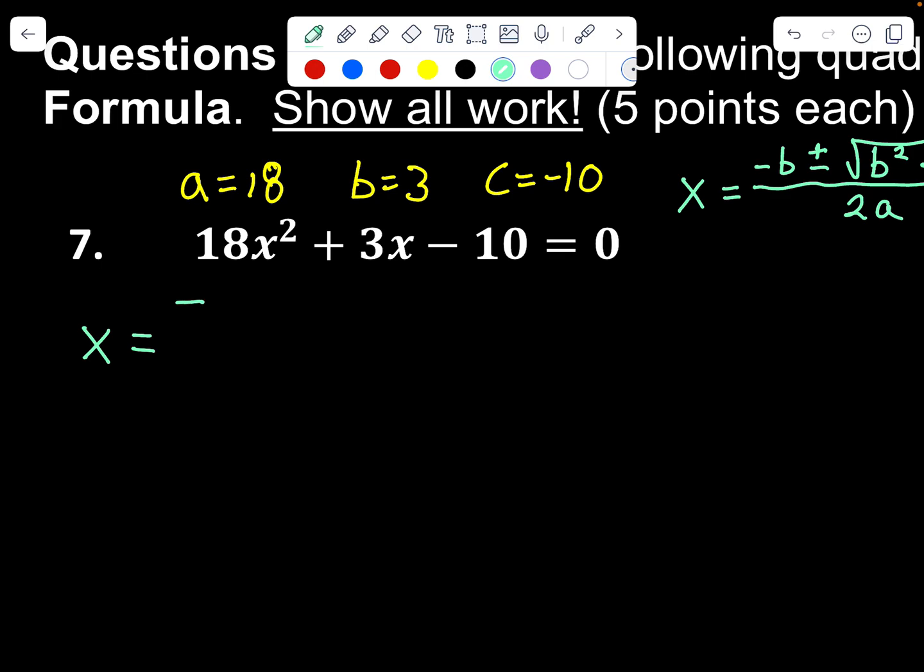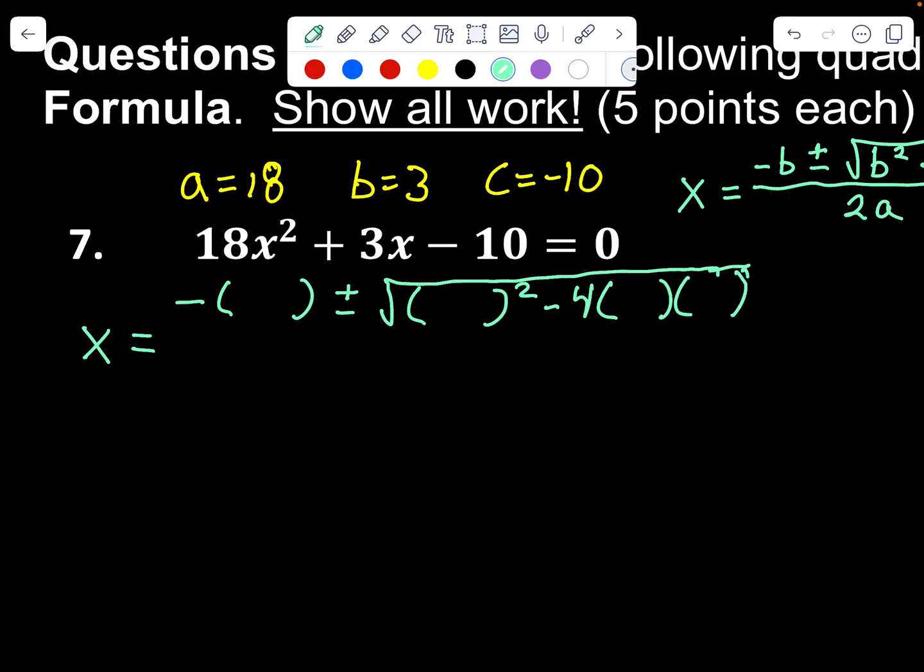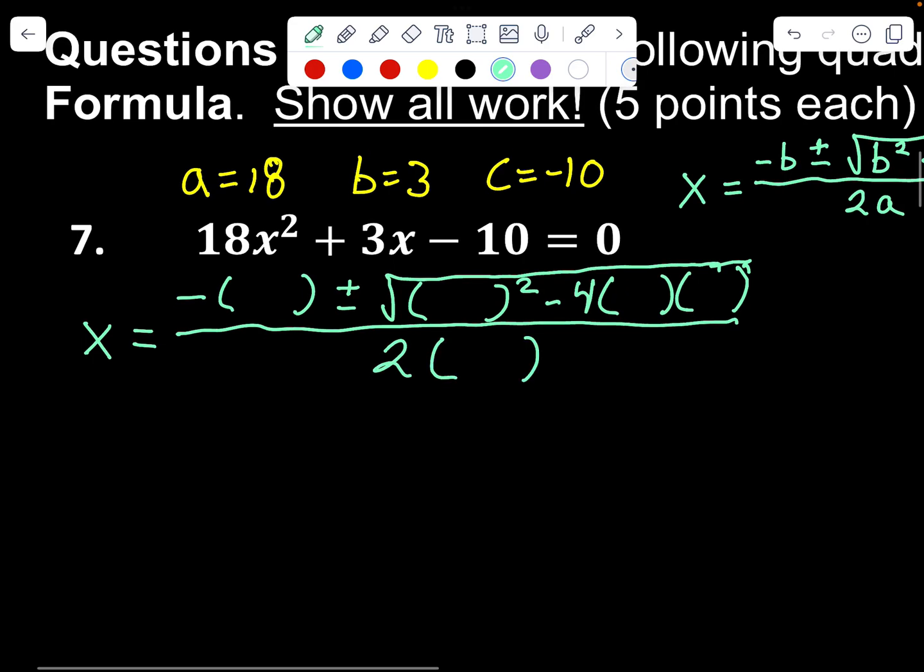I go negative b plus or minus the square root of b squared minus 4ac, and that is all over 2a. All right, so you see that I don't have any letters in this quadratic formula. I just put parentheses where the letters belong exactly.